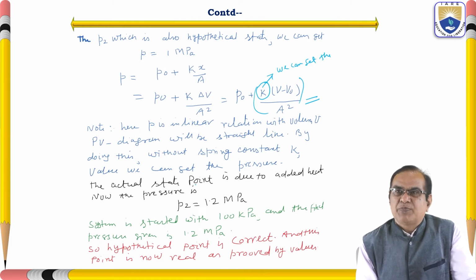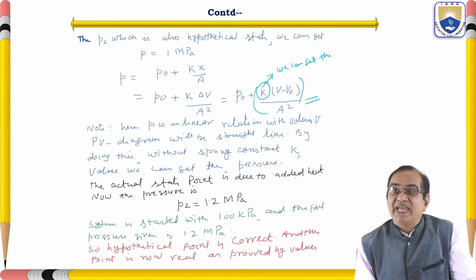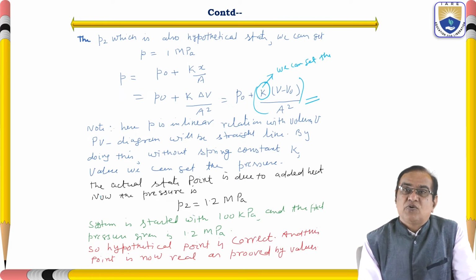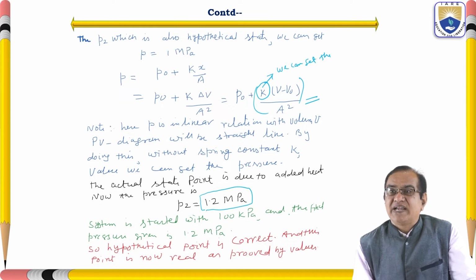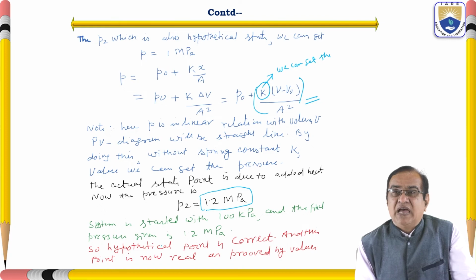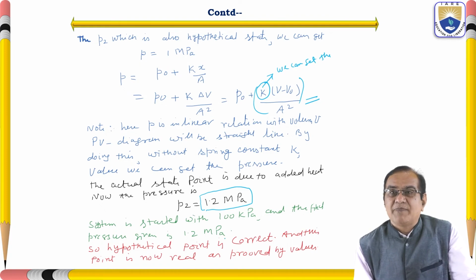The actual state point is due to the added heat. So now the pressure P2 is given as 1.2 megapascal. This is the actual state. The system started with 100 kilopascal and the final pressure is given as 1.2 megapascal.